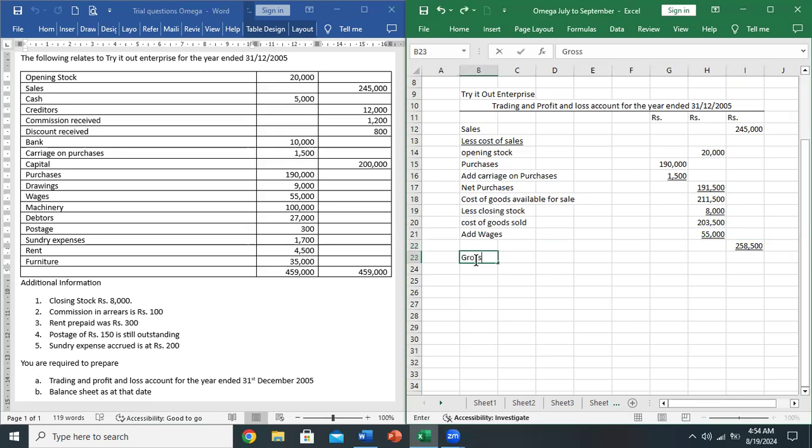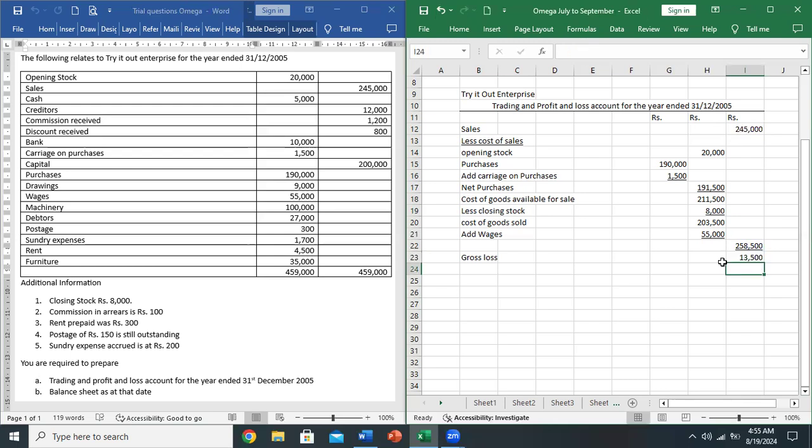So we're going to get a gross loss, right? Because our sales is lesser than the cost of sales. So a gross loss of 13,500.